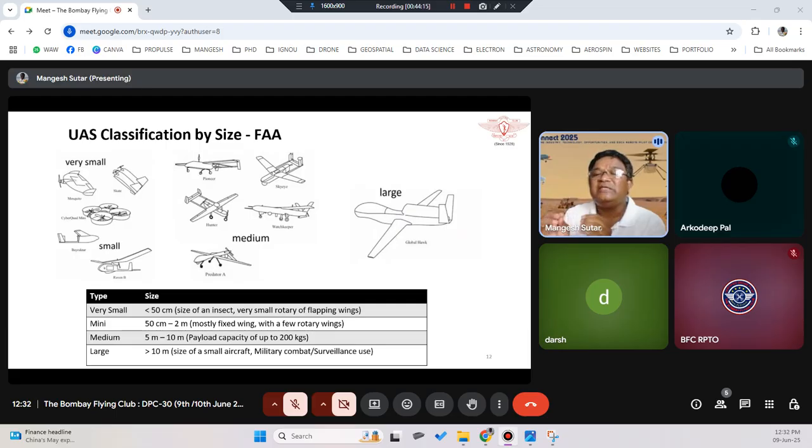Either they have their own drones or they have leased drones also, and they will not follow Drone Rules 2021. That is defined in Drone Rules 2021 in rule number 2. It has been clearly defined that Drone Rules 2021 will not be applicable to the Indian armed forces, Navy, and Air Force. So, clear?